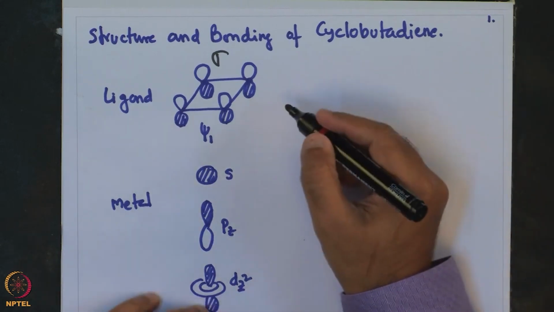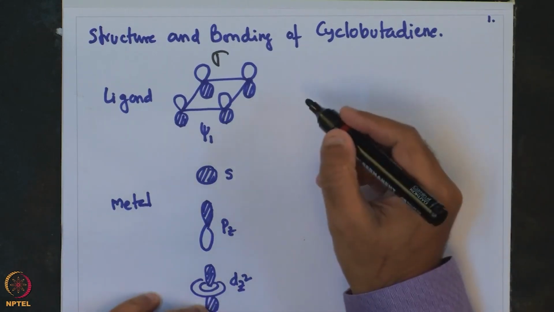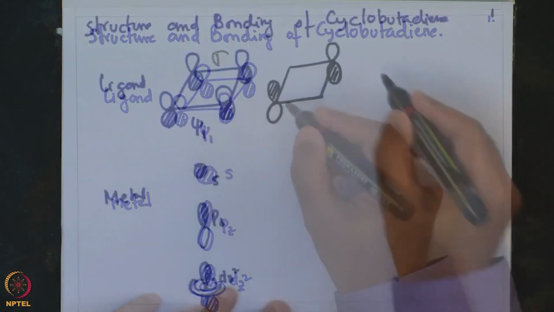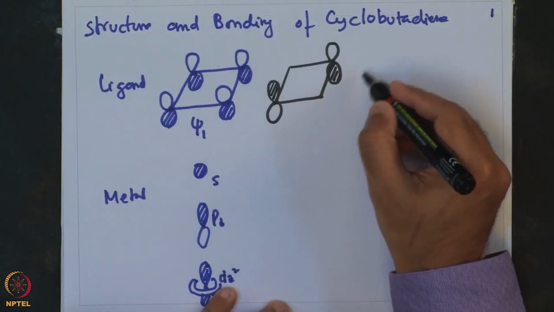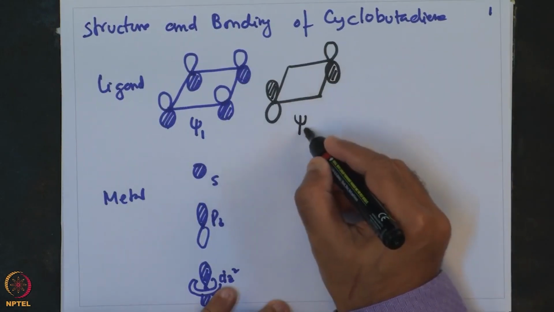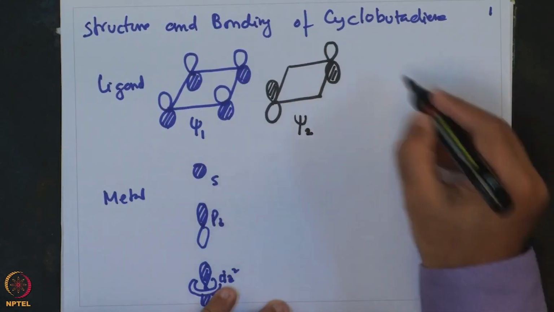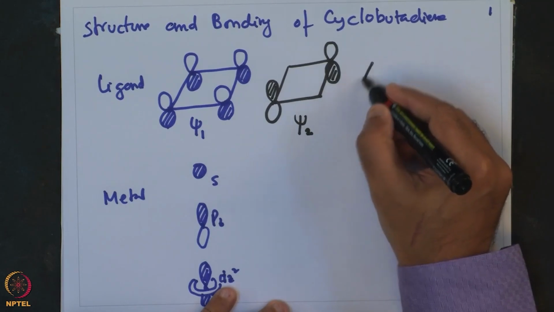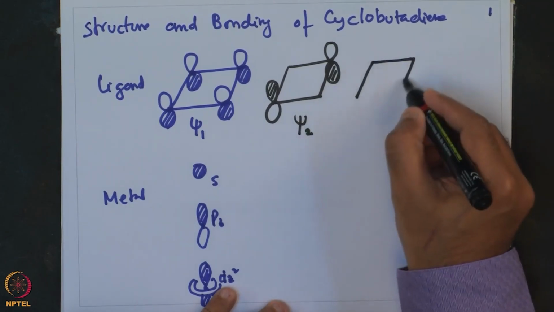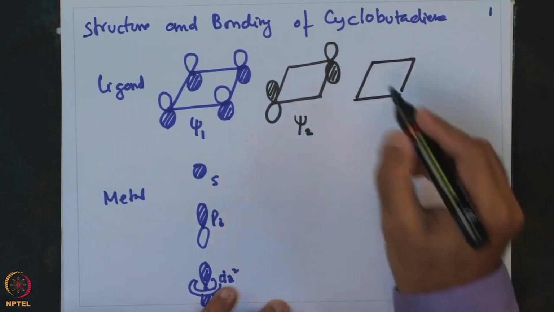The next orbital for cyclobutadiene is the psi 2 orbital, and this is psi 2, and similarly one can write psi 3.